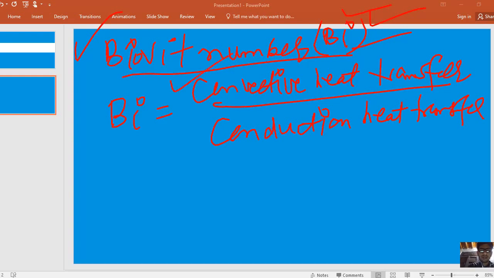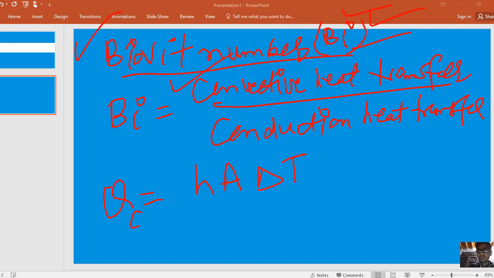Now we know from Newton's law of cooling that convective heat transfer, denoted by Qc, is equal to the heat transfer coefficient of the air or medium, the surface area, and the temperature difference.